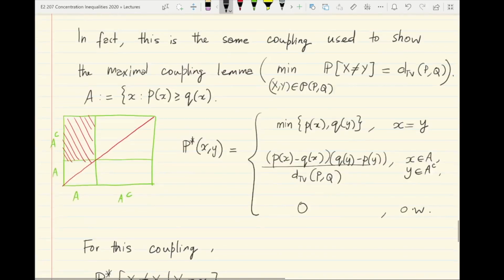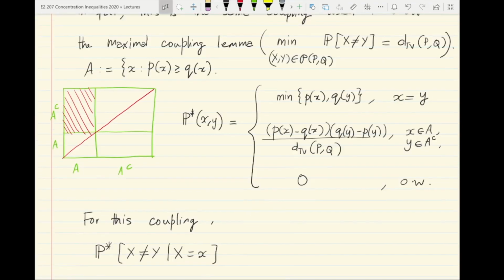Now what is the probability of X not equal to Y given X equal to small x? Well, if small x is in A, then there is potentially some non-zero probability of Y not equaling x. But on the other hand, if x is in A complement, then Y always has to be equal to x by our construction.